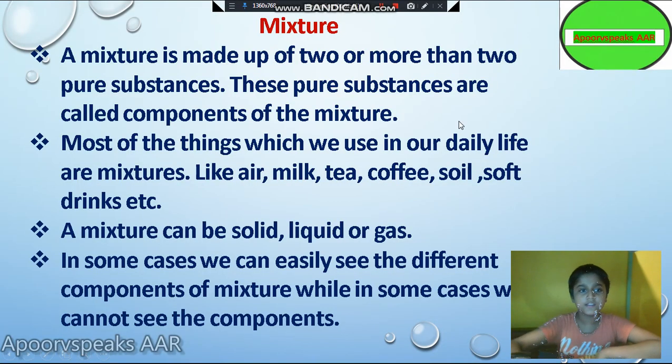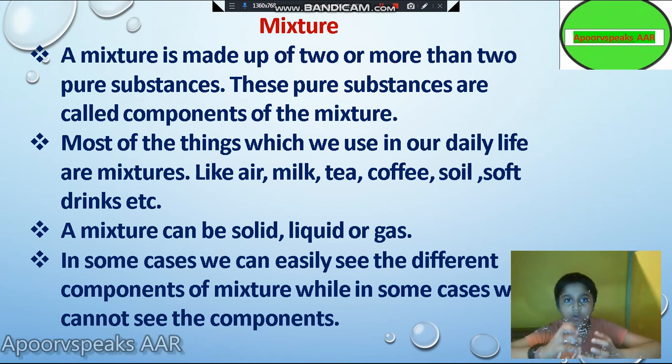So the next topic says, and yes, the substances which we use to form a mixture are called components of the mixture that we are forming. Now mixtures are everywhere around us. It can be either a solid mixture, a liquid mixture, or a gas mixture.